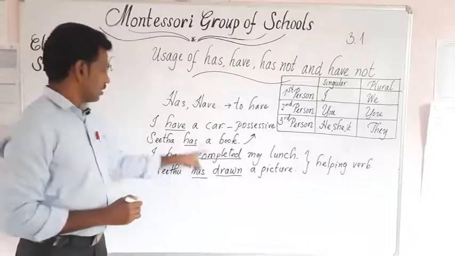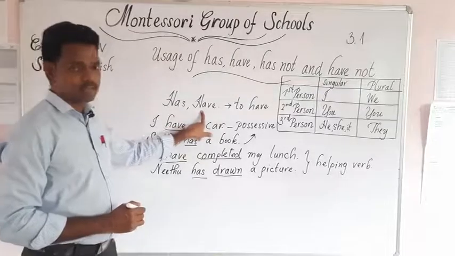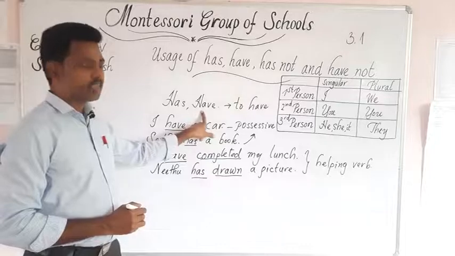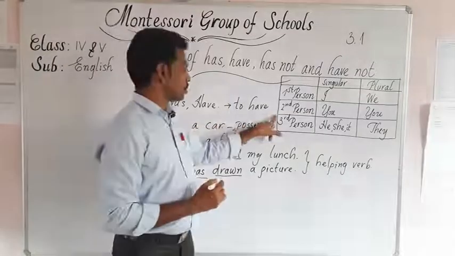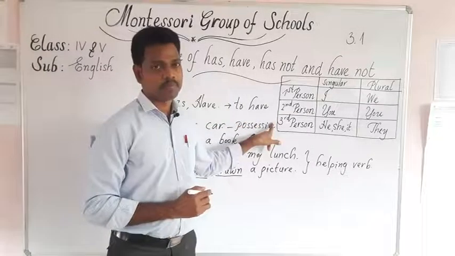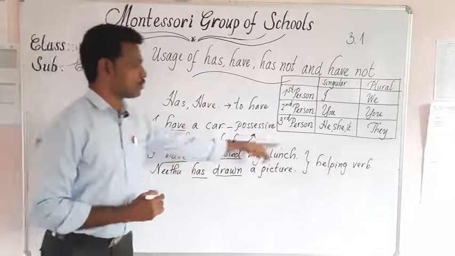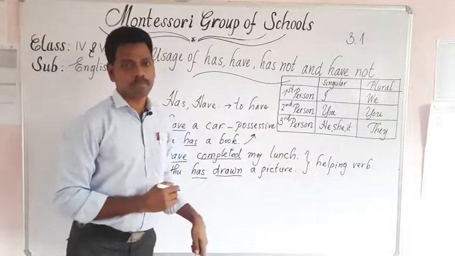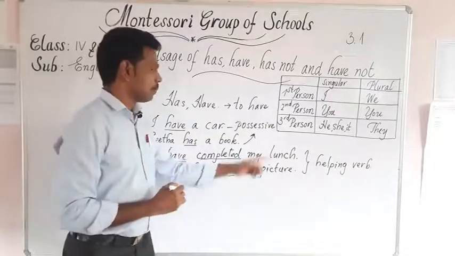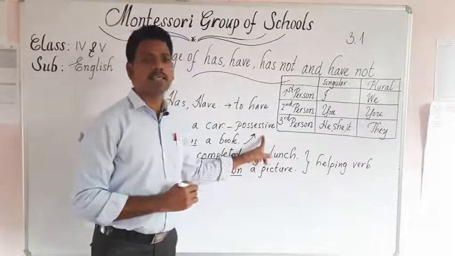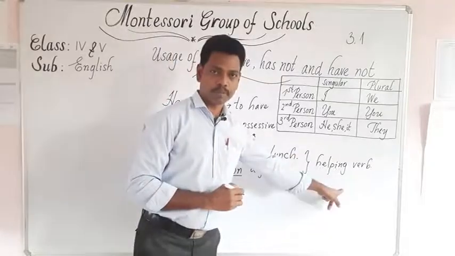Once again, has and have are different verb forms of to have, and there are two cases where we use them. The first case is possessive case. The second one is helping verb.